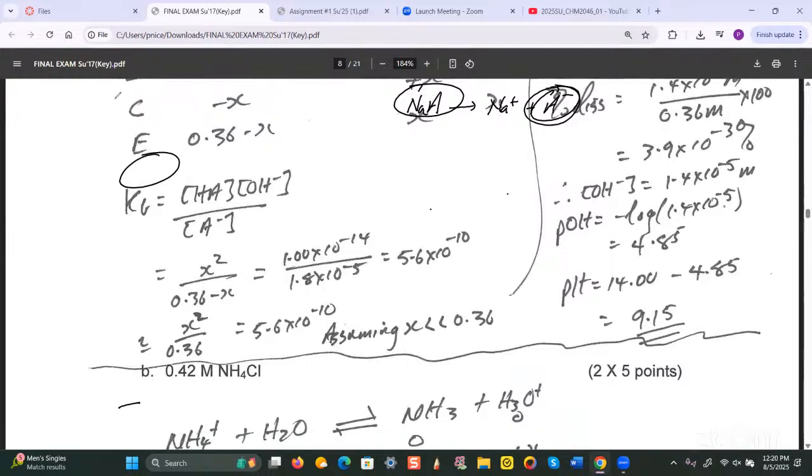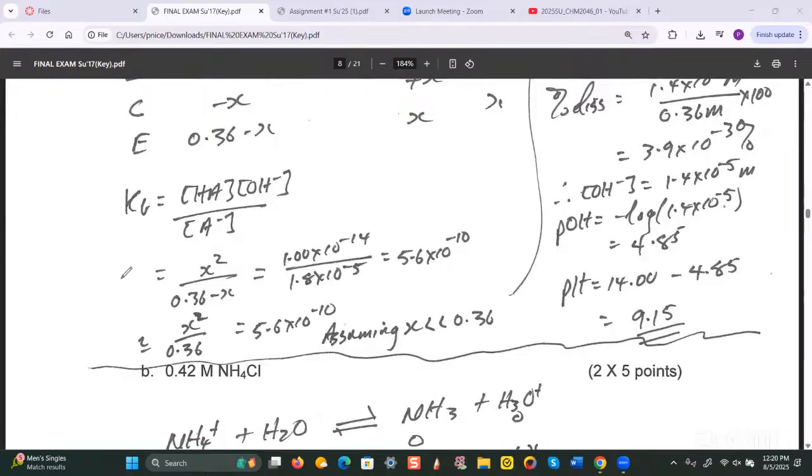Because the concentrations of the HA and OH minus are the same, when you multiply them, you're going to end up with X squared up top as the numerator. And then down here, you're going to have 0.36 minus X as the denominator. And we're going to set that equal to Kb.